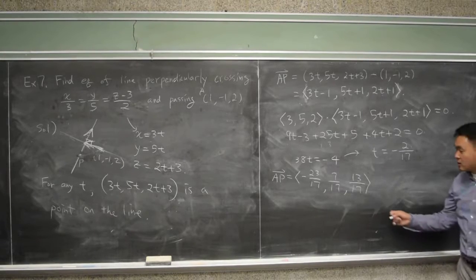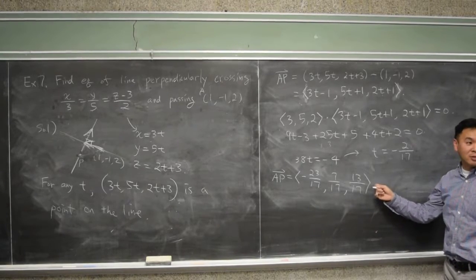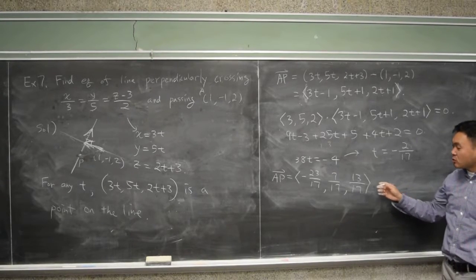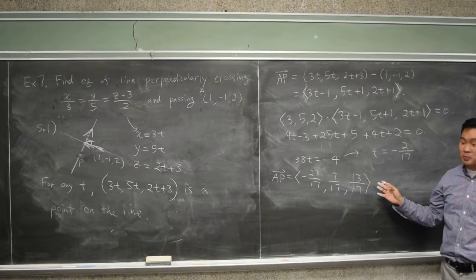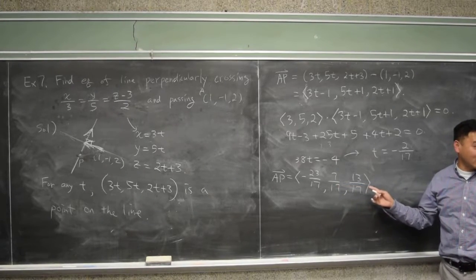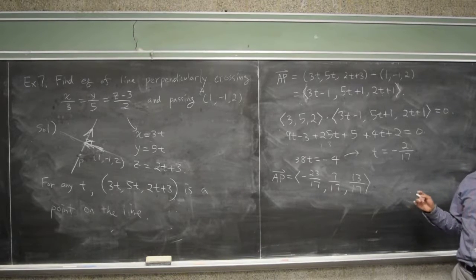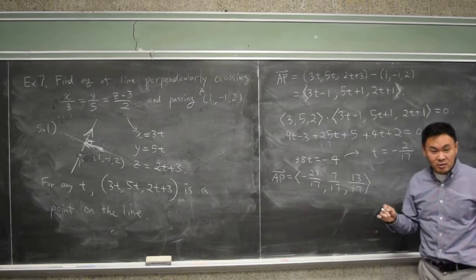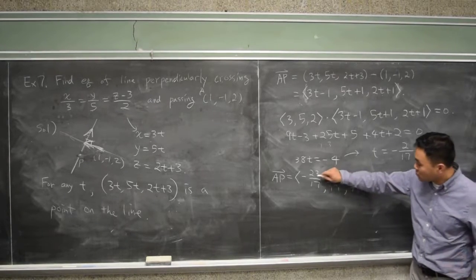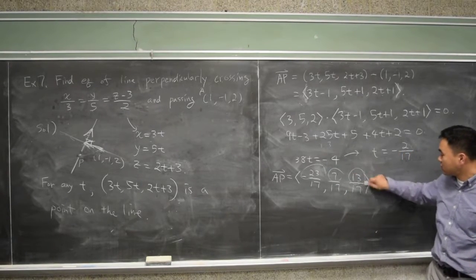By the way, you can use any multiple of this and it will still describe the direction of the line. If you like integers rather than fractions, since all of them have 17, you can multiply by 17 and use that as the direction. So the direction is negative 23, 7, 13.